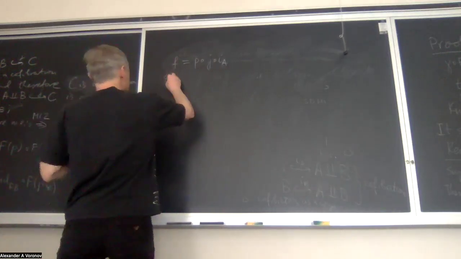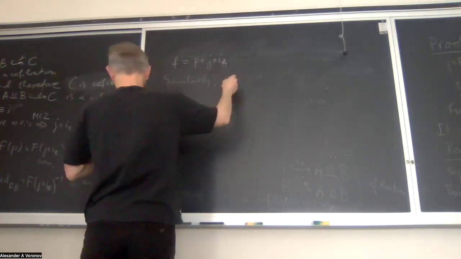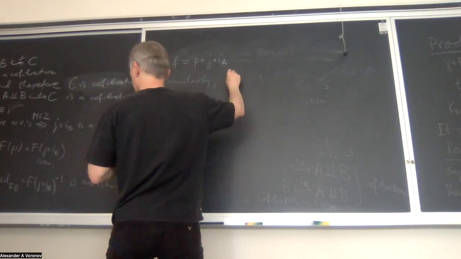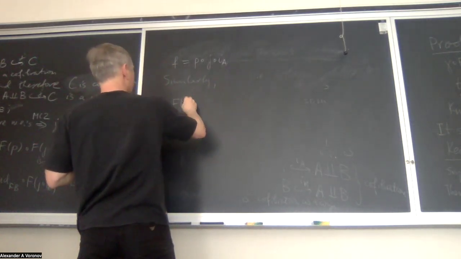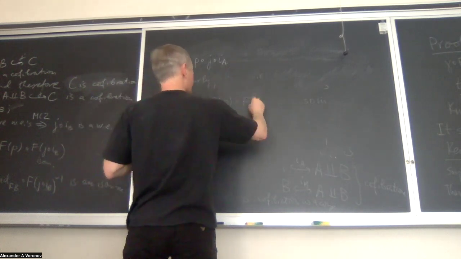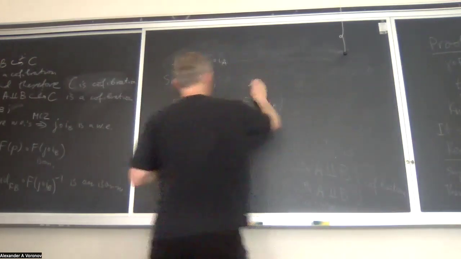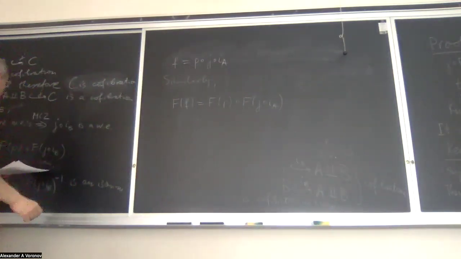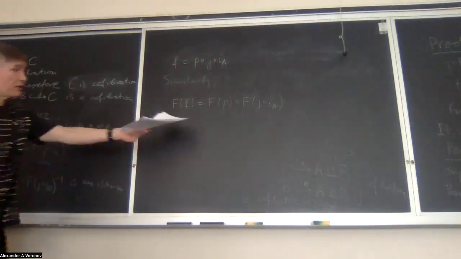So similarly, we get F of F equals F of P composed with F of J composed with I. And so similarly, we can prove that F of J composed with IB, with IA is an isomorphism.